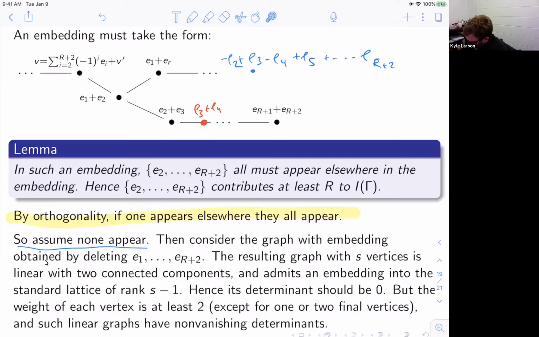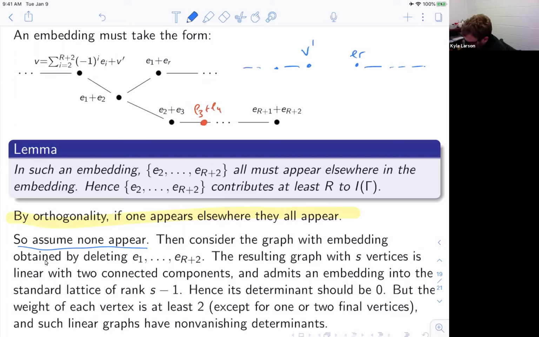The resulting graph with S vertices is linear with 2 connected components. If we delete all these basis vectors, all these vertices will disappear, and we'll be left with these 2 linear components, right? We're deleting E1, so this vertex will now just be with weight 1 will be ER, and so on. And then here, this is this B prime.